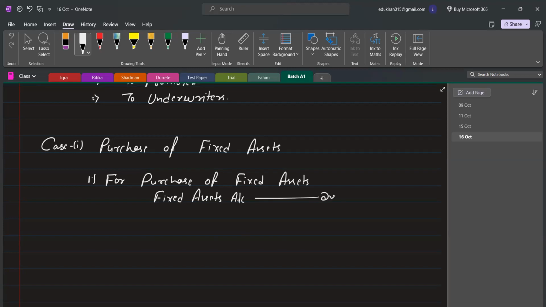Like if it is given machinery, then you will write machinery account debit. If it is building, then you will write building account debit. So fixed assets account debit to creditors or vendor account.